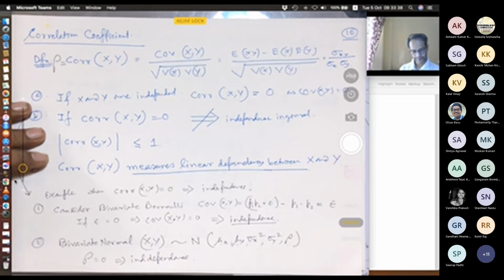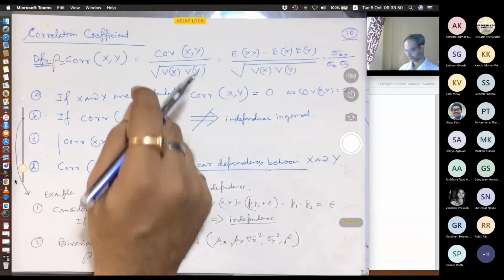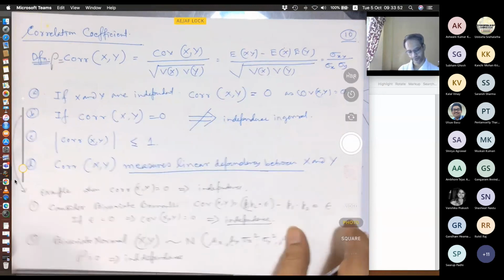So usually these are the two very common and easy examples where correlation 0 implies independence, otherwise in general they don't imply independence. Now we will look into these properties one after another.